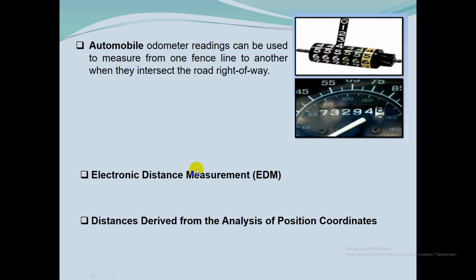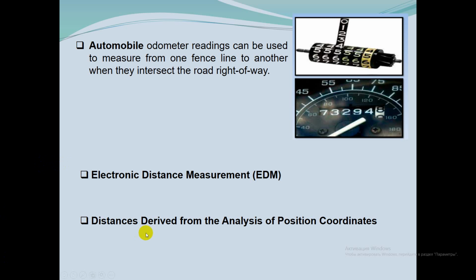The next device is electronic distance measurement. You understand that this is a very useful instrument, and most EDM instruments function by sending a light wave along the path to be measured from the instrument station. About EDM, we will learn in the next lectures.